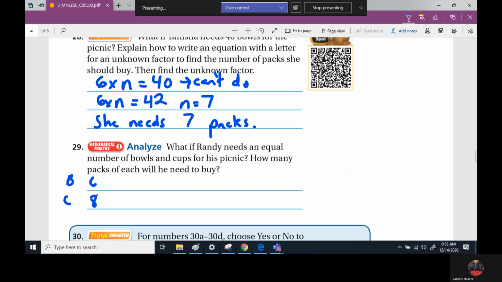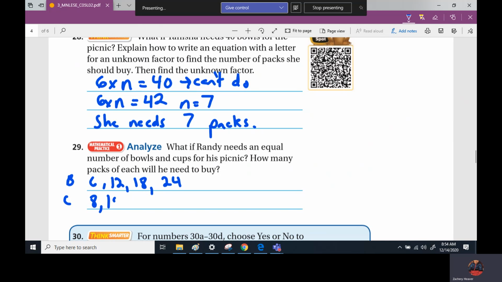So find the multiples. If we skip count these, the first number we come to that is equal is what we're going to need. So 6, 12, 18, 24, and then 8.